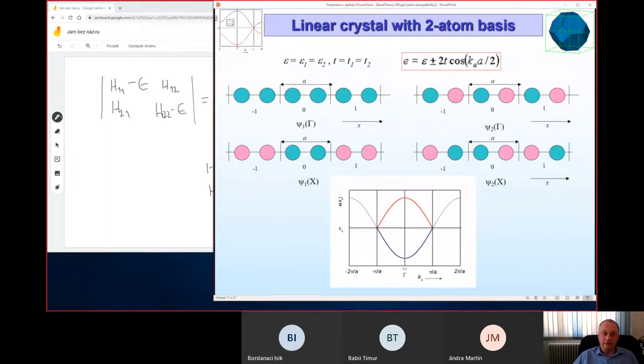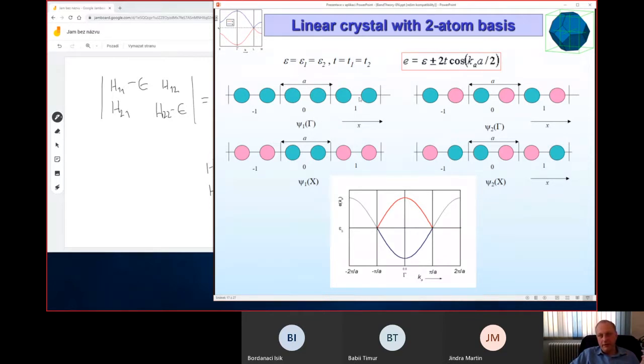But this is in fact not very interesting, because if we have the same energies and the same transfer integrals, then there is no reason not to consider a smaller unit cell, as in the previous case. You see that at the gamma point we have two wave functions.